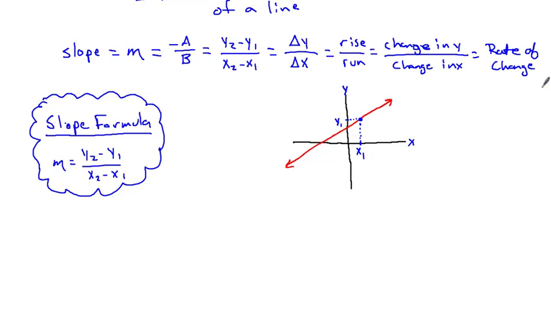If we move farther up the line, we're going to find more points. And at this point, this is our second point, that has an x value that we're going to call x2, and it has a y value that we would call y2.